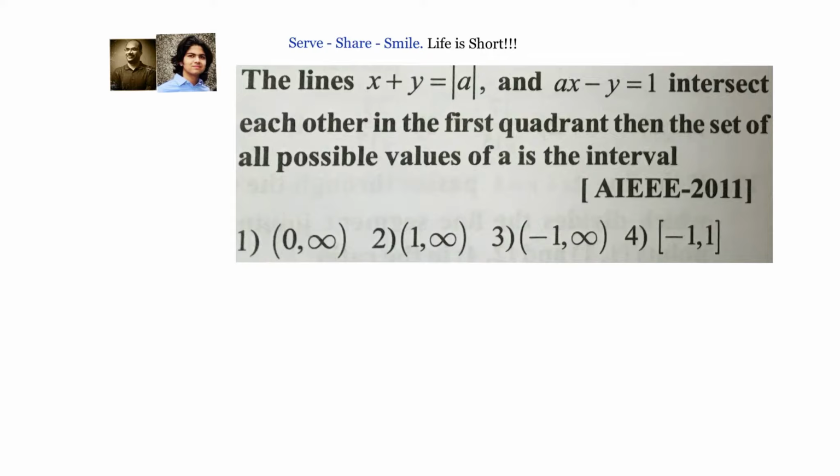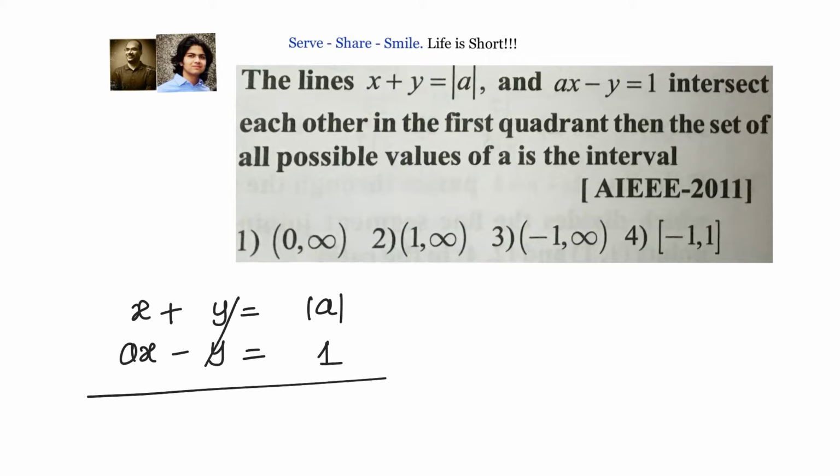So we will write down x plus y equals mod a, and we have ax minus y equals 1. Now let's add them.